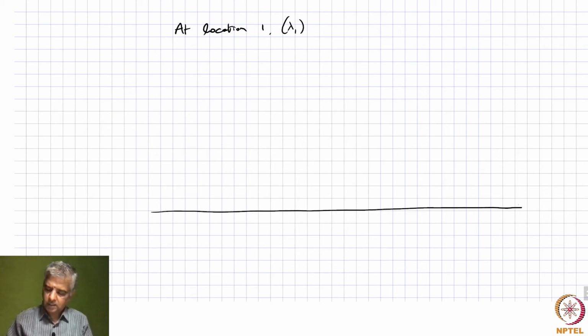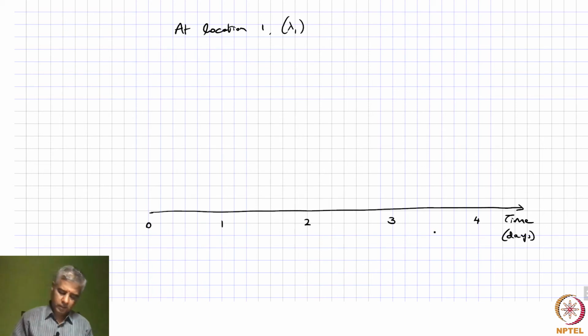So, on this axis, let us say we are looking at time in days. So, starting from 0 here, 1 here, 2, 3, 4 and so on, right. So, what do we expect in terms of this axis? It's in lambda, right.